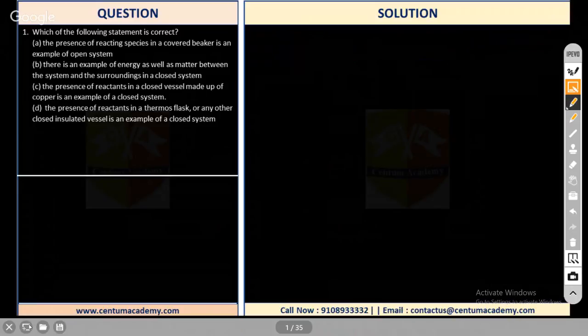Okay, so most of you are saying D, Saimir is saying C, Vaishnavi is saying C.